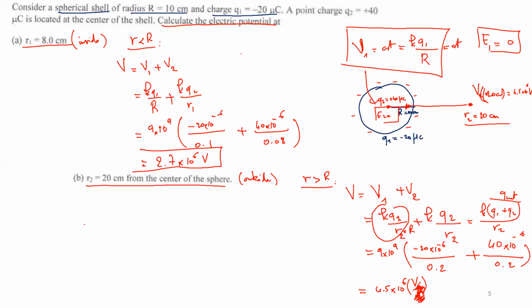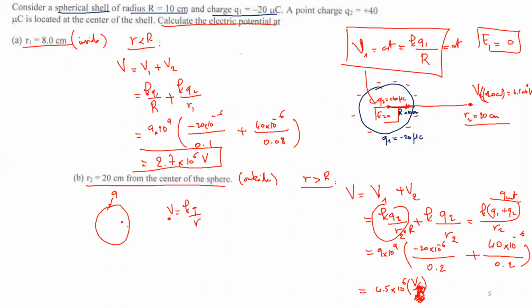So let me summarize here. So this is what I get. I will come back to this, but this is extremely important. If I have a shell which has a charge Q, outside, the electric potential is just KQ divided by R, like a point charge.